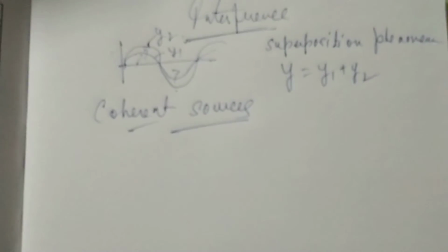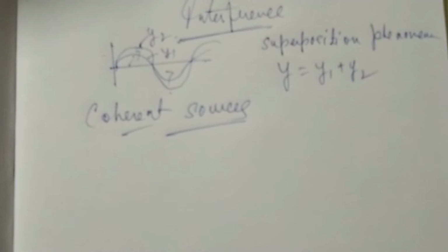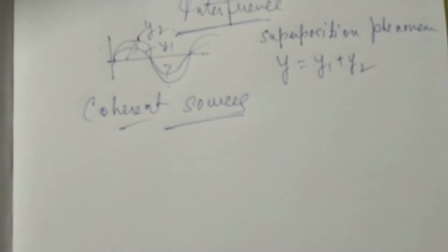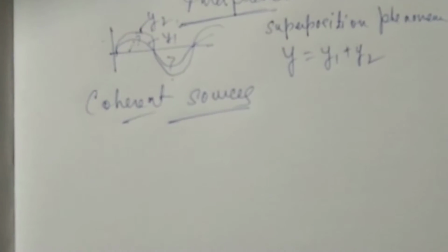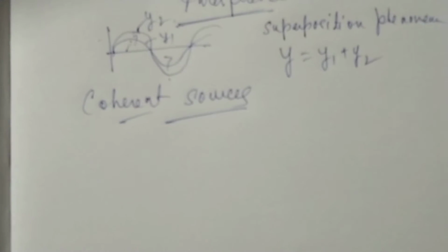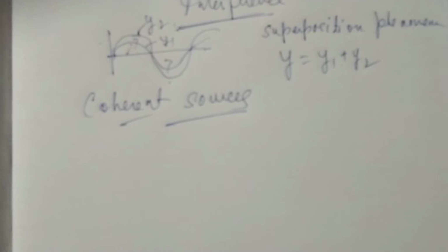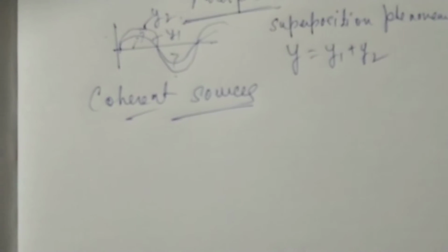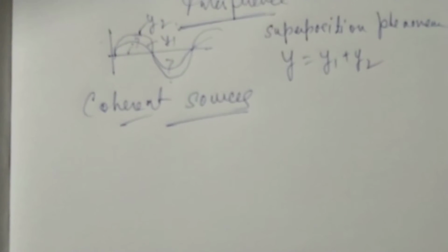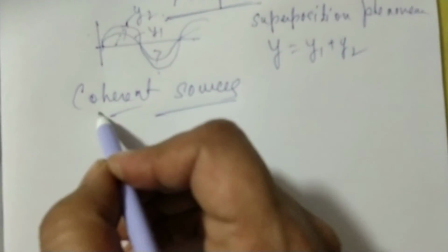This phenomenon is interference. Let me repeat: interference is the phenomenon in which redistribution of energy takes place due to the superposition of interfering waves in the same medium, and the waves should come from coherent sources. Now, what exactly are coherent sources? We need to understand this.